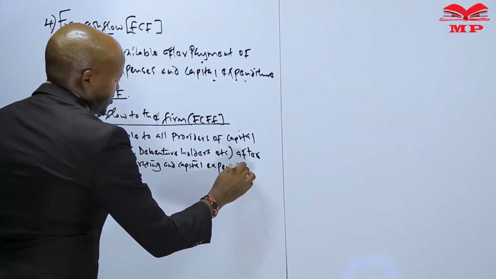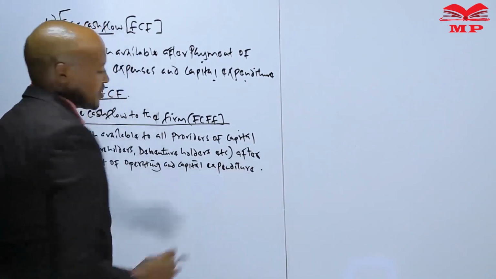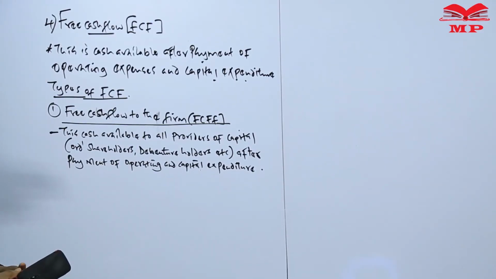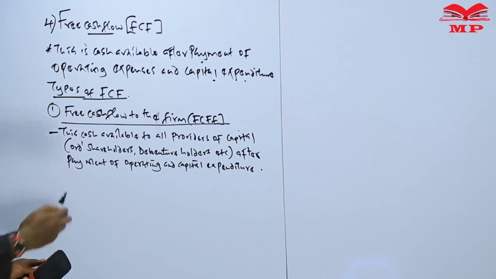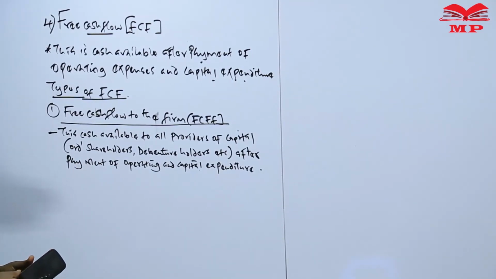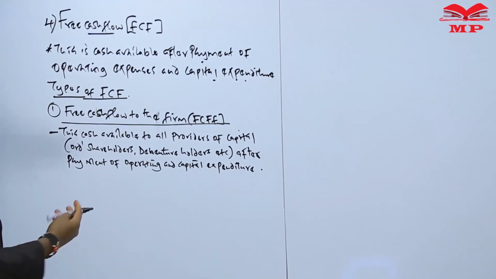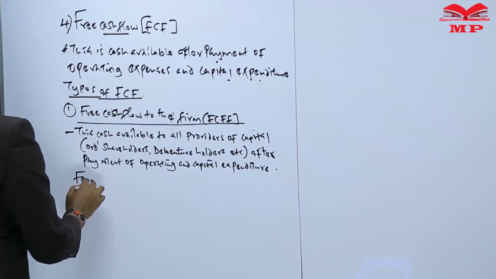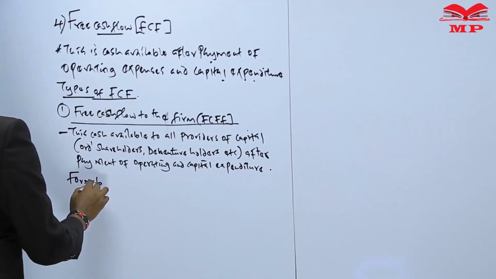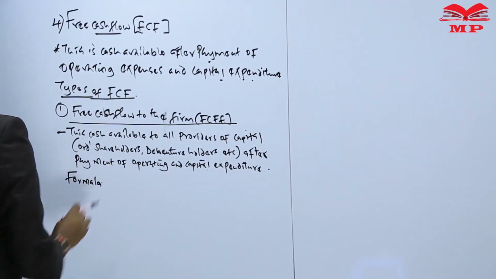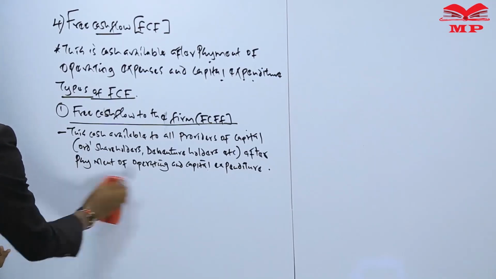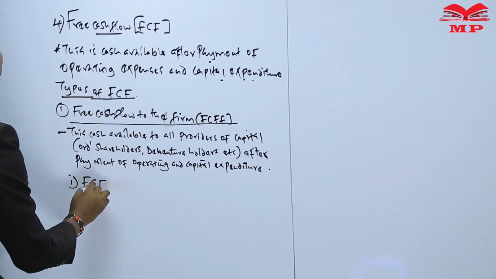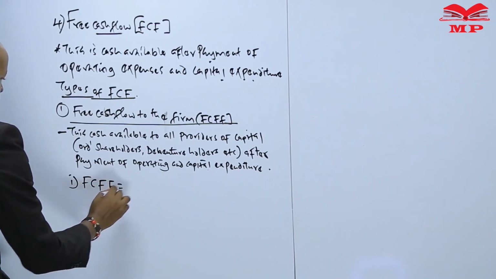For us to be able to compute this amount of cash which is available after the company has paid both operating and capital expenditure, there are various formulas which we use to compute the free cash flow to the firm.